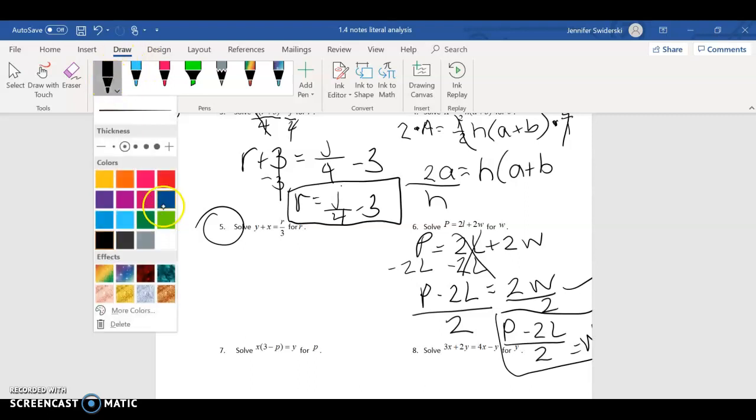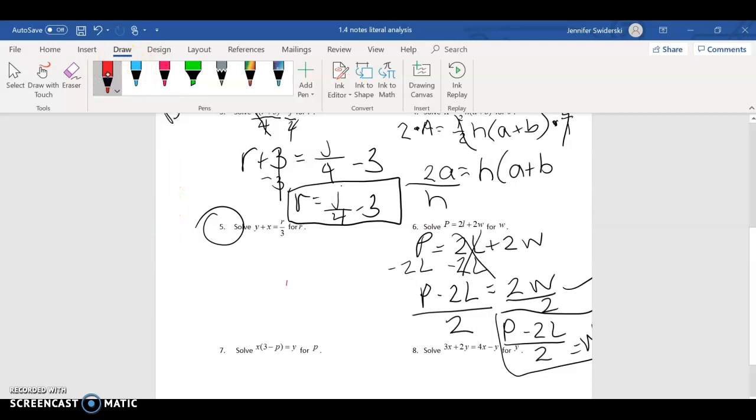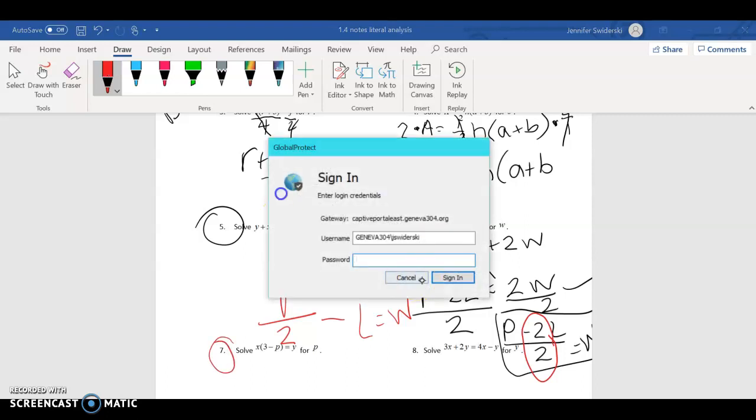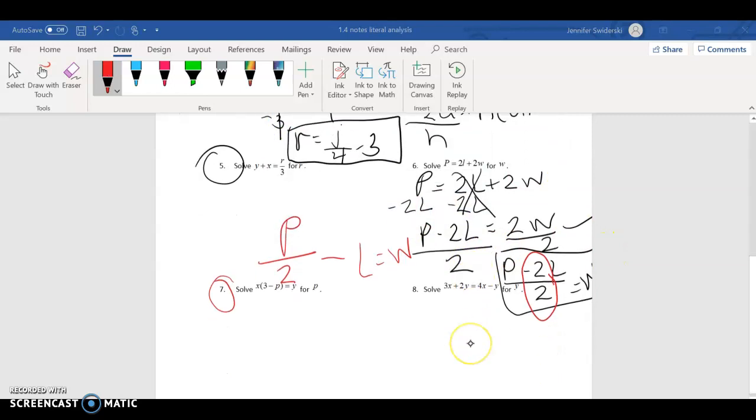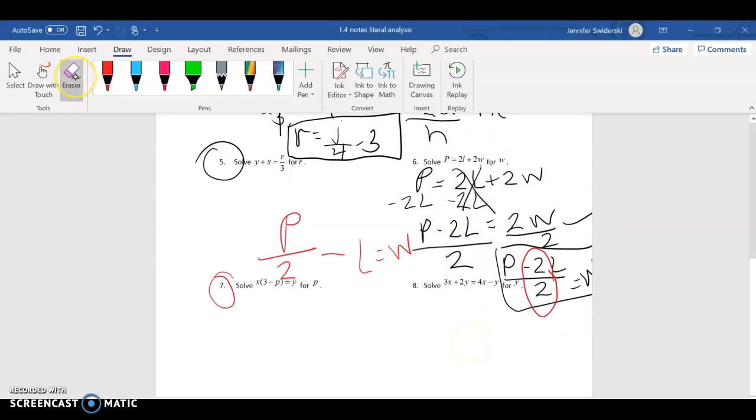Another answer that I would accept is P over 2 minus L equals W, because you might see that these 2's could cancel out. I would accept either one of those answers on a test. I'm going to have you try number 7 on your own. I'll be looking to see that 5 and 7 are done, and then we're going to work on number 8 together.